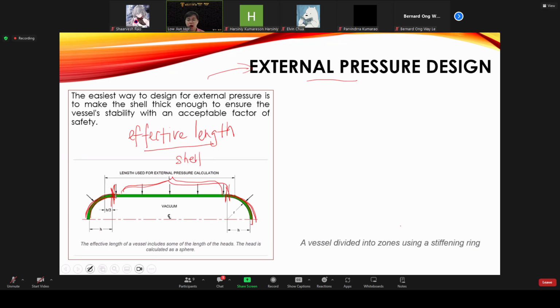So you see, starting from here until the top part of the head here, this one is considered as the height of our head. This one is also considered as the height of our head, the height of our closure.